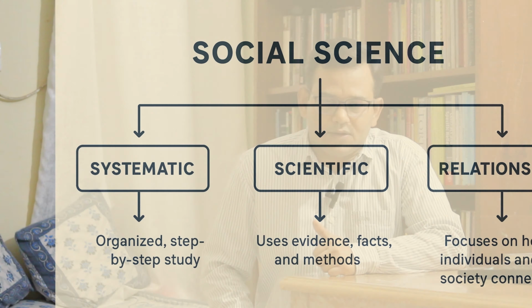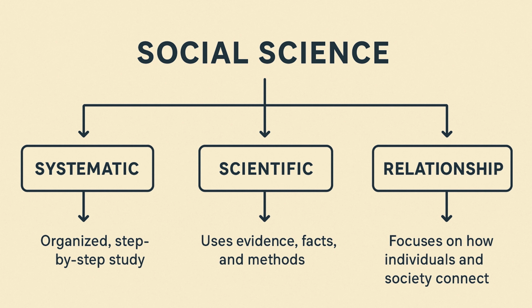However, what I am going to do is break down and explain the meaning of social science with the help of three major terms used in this definition, and those terms are as follows: systematic, scientific, and relationship. So first and foremost, let's understand the term systematic.